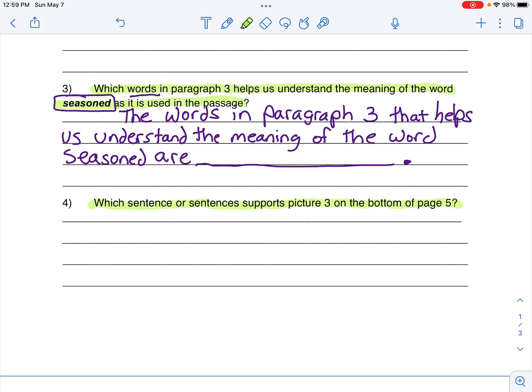And then what you're going to do is go into the passage and see which sentence or sentences supports the picture 3. And remember that the sentence needs to tell what's going on in picture 3, right? Go ahead and pause this and do that now.